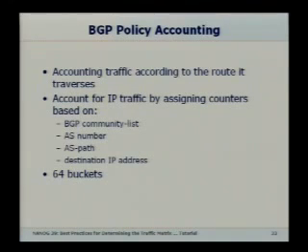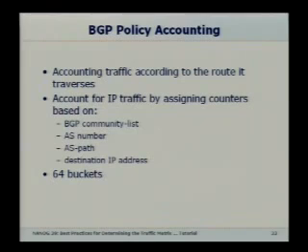You run the BGP policy accounting, and for all the traffic towards any of these BGP destinations, it will nicely count how much traffic there is. It's very easy to retrieve this information because it's all in SNMP MIB, and it's fairly simple to extract it from the router. Of course, there's always a limitation, and in this case, it's that there are only 64 buckets.